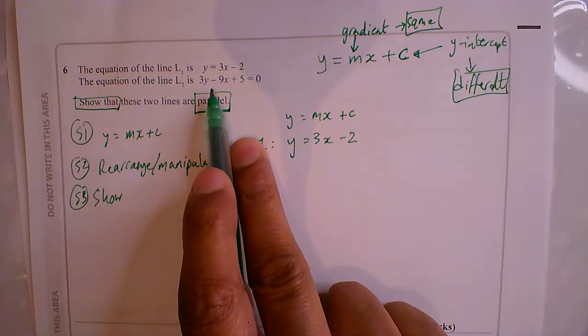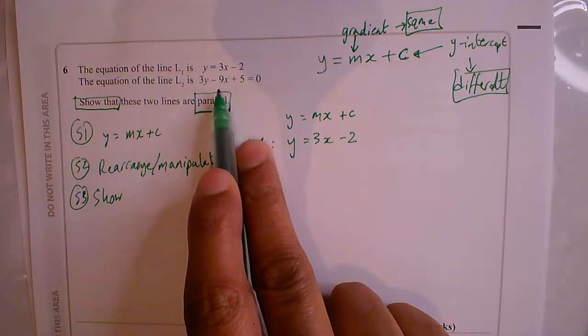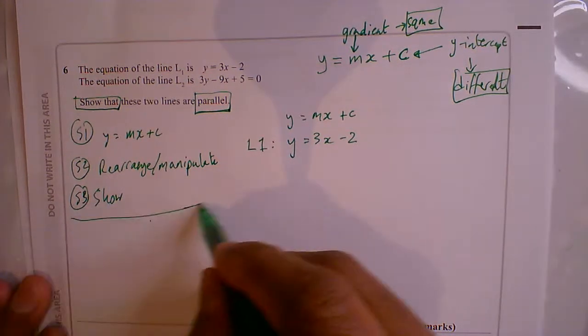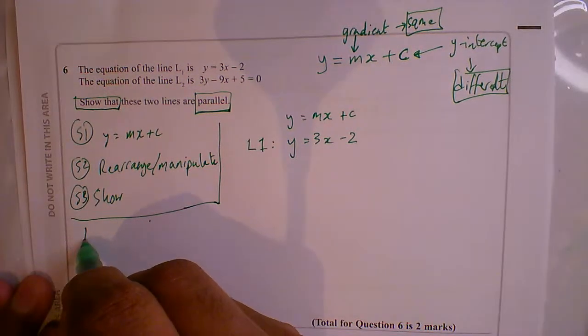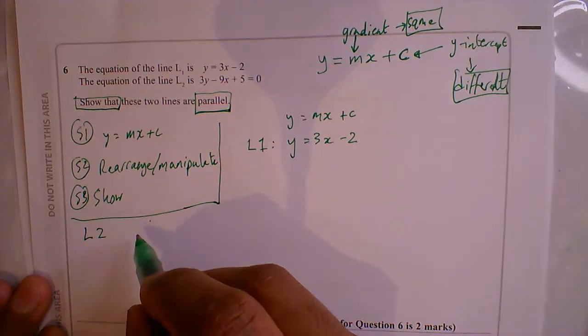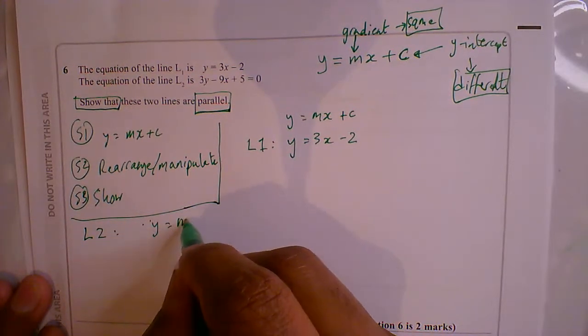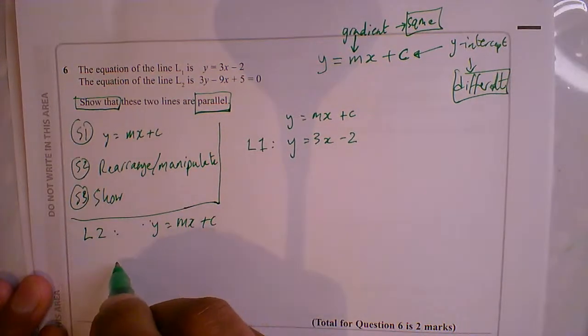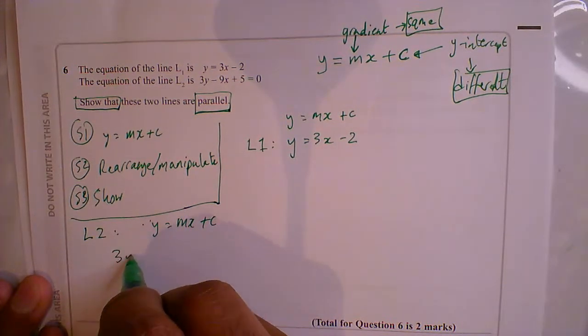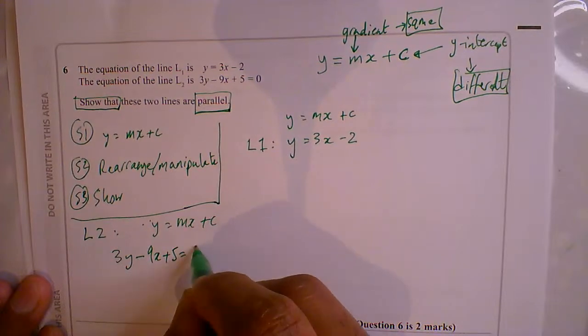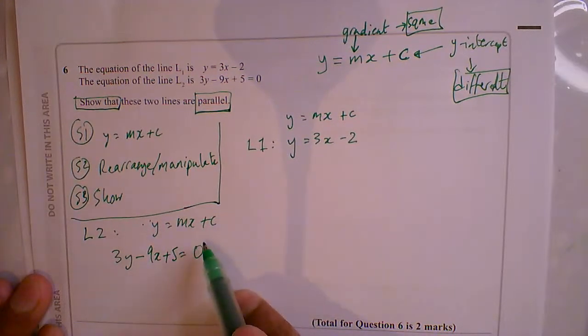Line 2 is 3y take away 9x plus 5. So let me do this by the side here, just so that I can manipulate things. So you've got 3y take away 9x plus 5 equals 0. You can see it's not in that format.